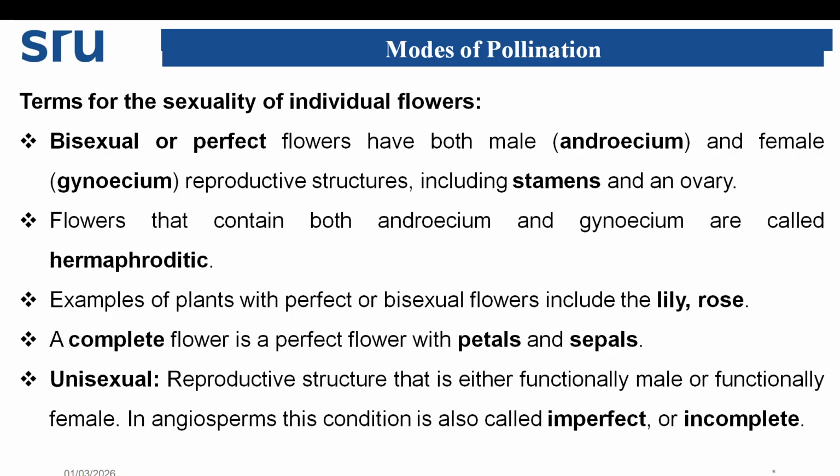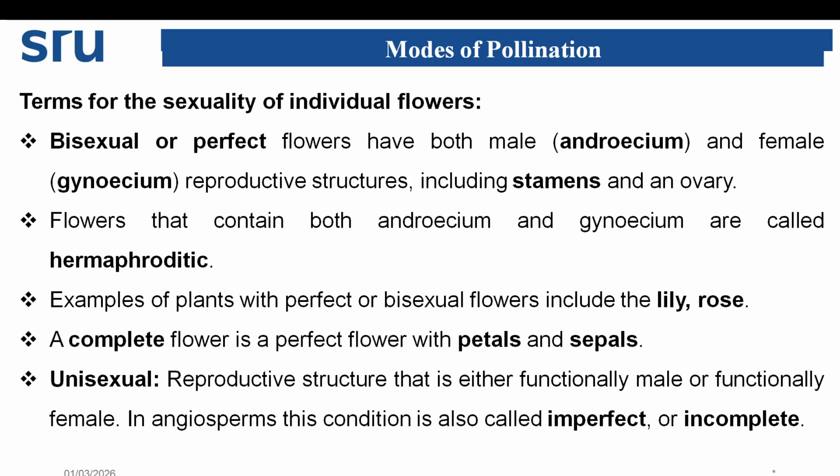These are some terms related to the sexuality of individual flowers. First, bisexual or perfect flowers. A flower with both male, that is androecium, and female, that is gynoecium, reproductive structures, including stamens and ovaries, is called a bisexual flower.